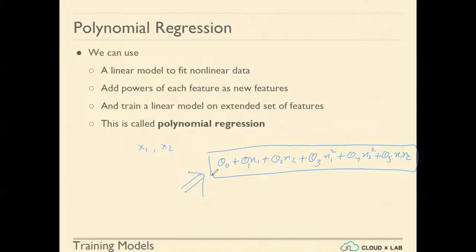You will use the predicted value and actual value to create RMSE or MSE. You will calculate it for the complete data, and then you will optimize that RMSE or MSE loss. After optimizing, you will get the optimal values of these theta values.